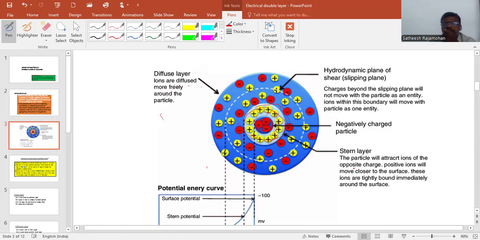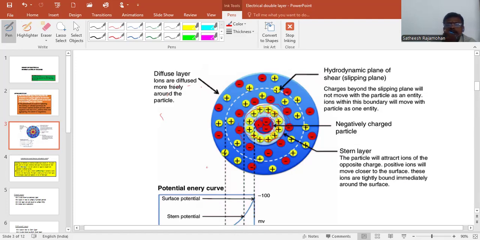But in the case of the rigid layer or Stern layer, the particle will attract the ions of opposite charge. That is, the counter ions are attracted. The positive ion will move very close to the colloidal surface.